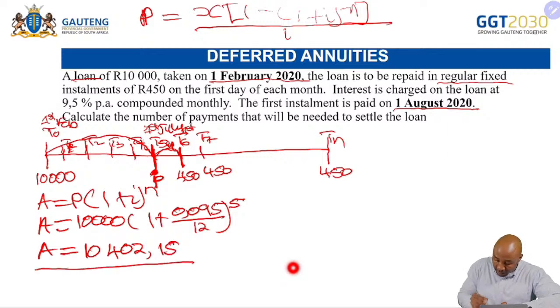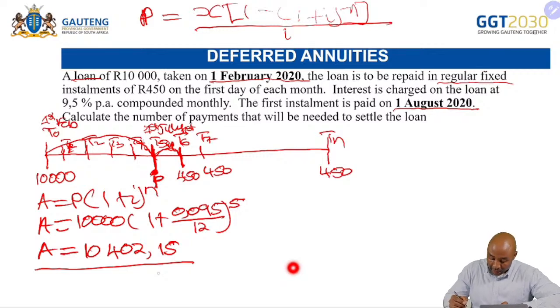That is the amount including interest for those 5 months. So that becomes our present value amount for the loan. Now we are going to substitute this into our present value annuity formula and calculate our N.